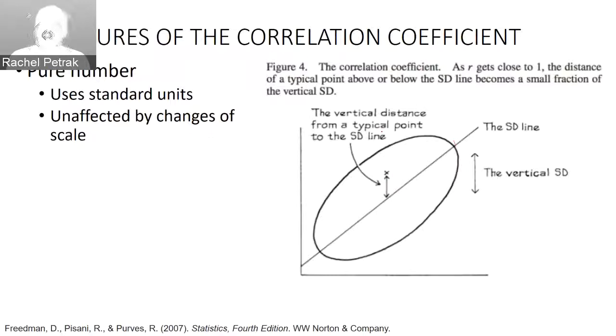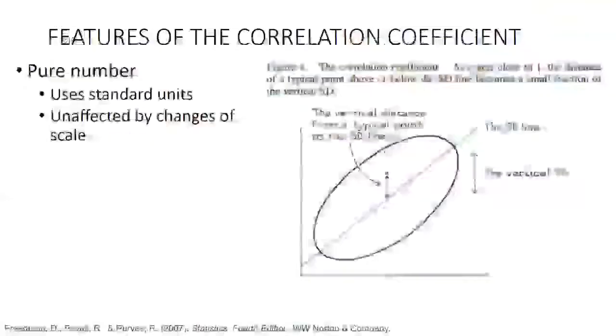And if we have an R that's closer to 1, this would be a smaller oval here and have a smaller distance.